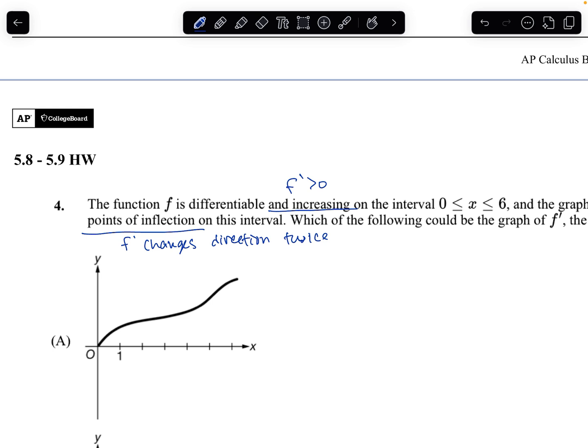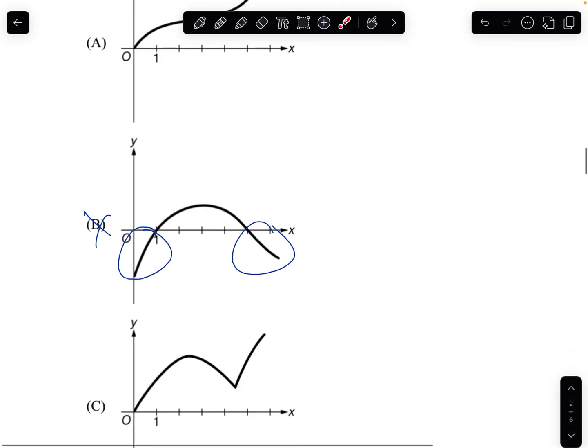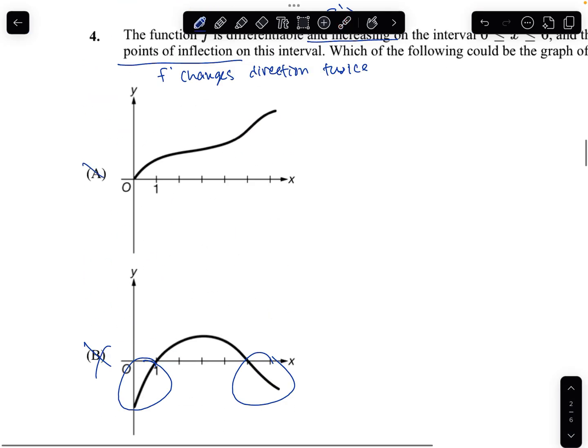That's what we want to keep in mind. So for A, this is actually incorrect. This one doesn't change directions at all. This is the graph of f prime, and you can see that f prime is always increasing. So this means that f double prime is always positive because the derivative of this graph is always positive. And so this would mean that f has essentially no points of inflection. So I don't think it's going to be A.